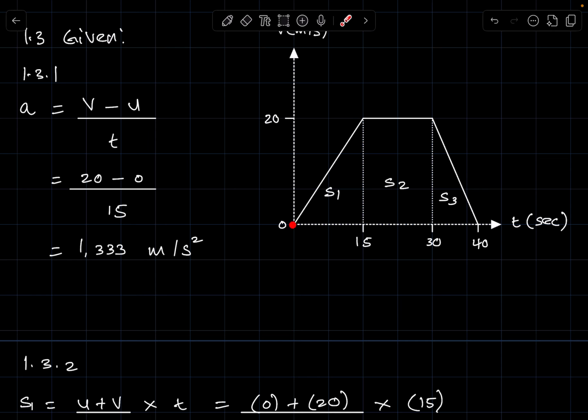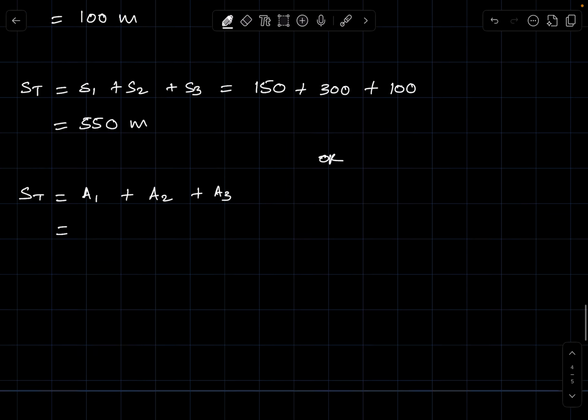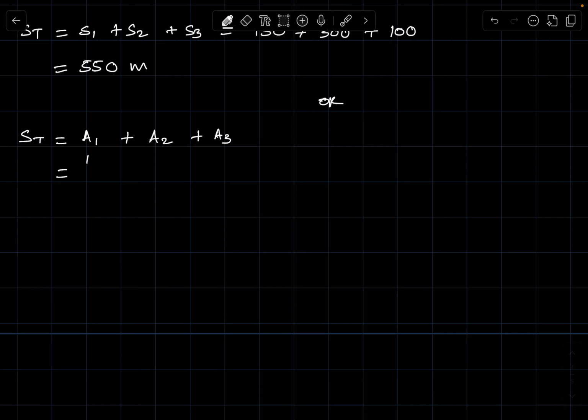So half base is the time t1 times height. The height is the final velocity. So here you would have half t1 times the final velocity.